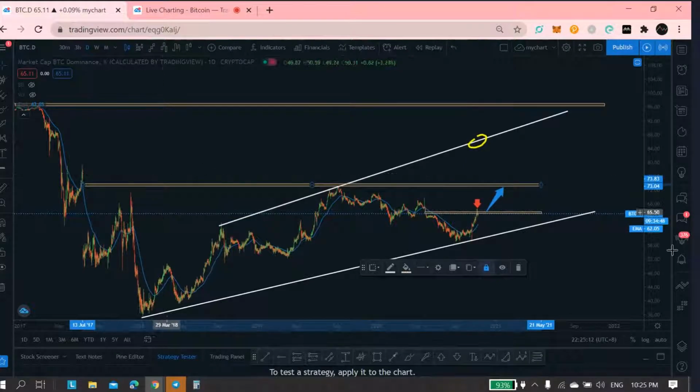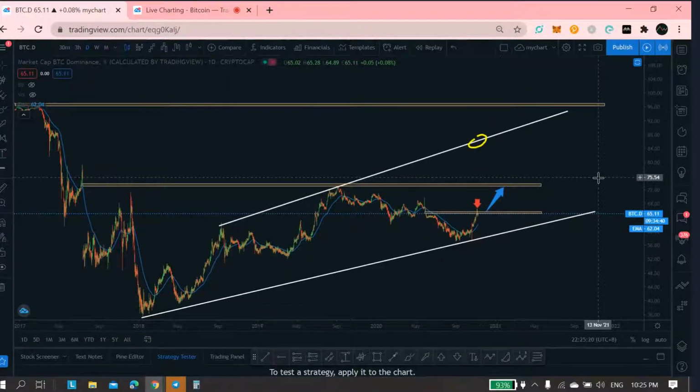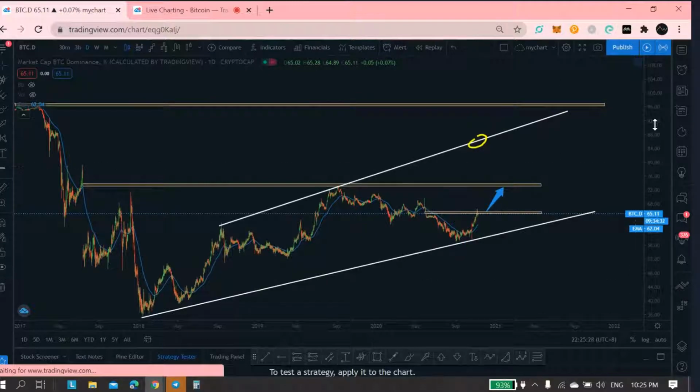Anyway, this is BTC dominance. So that's my own strategy. Of course, it also really depends on the trader. Actually, I'm just sharing it.